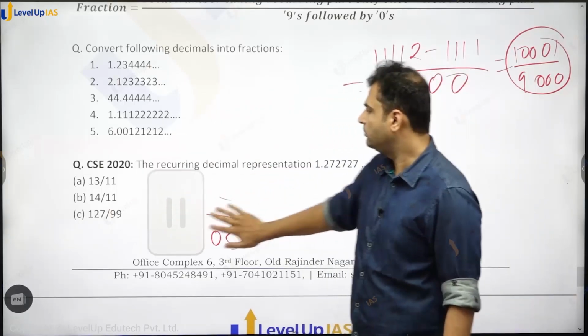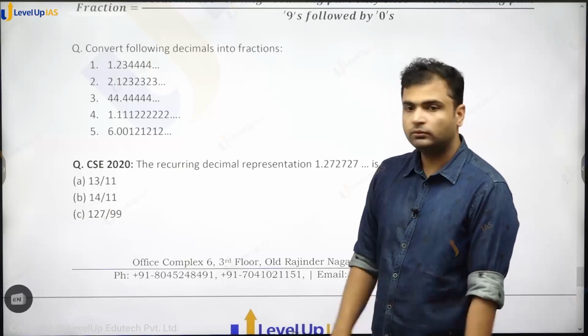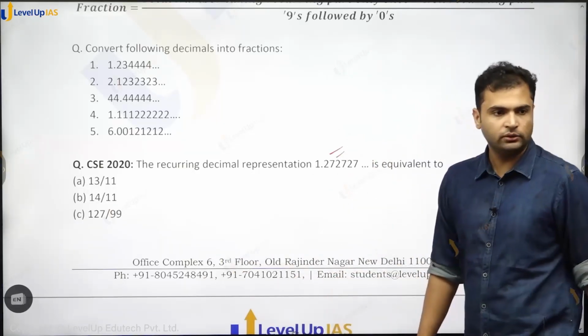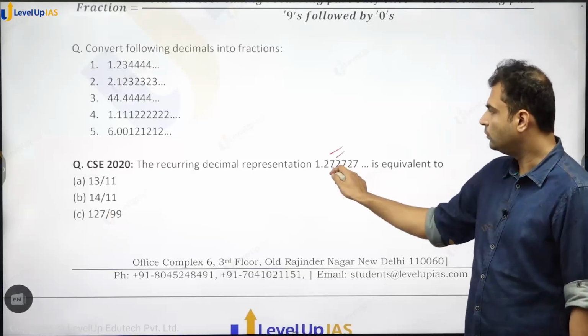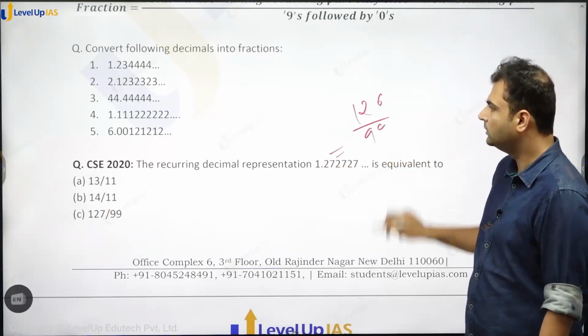एंड PYQ. सॉल्व किया सबने? व्हाट इज दिस, ऐसे बता दो। 127 - 1, तो 126 divided by 99.